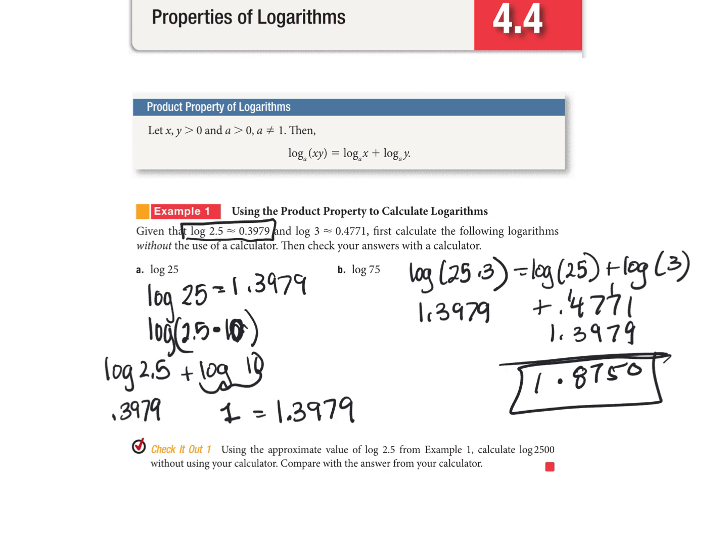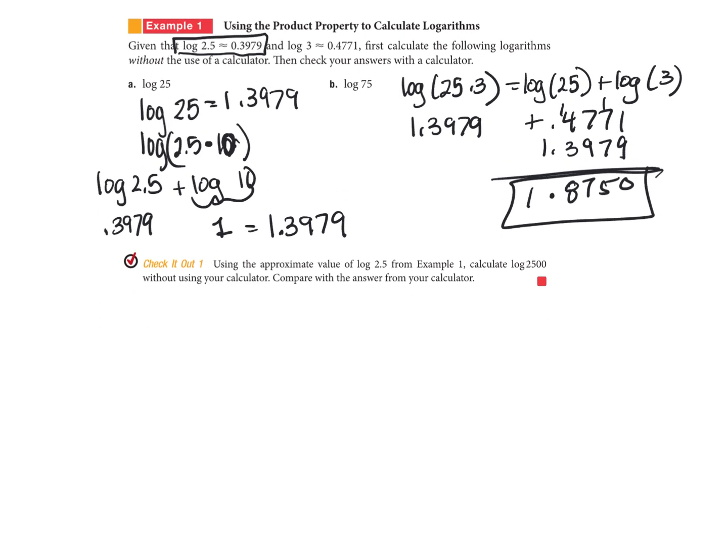All right. It says using the log of 2.5 in example 1, calculate the log of 2500. Well, 2.5 times 1000 equals 2500.